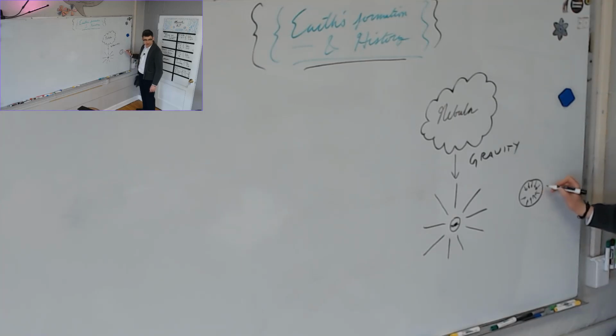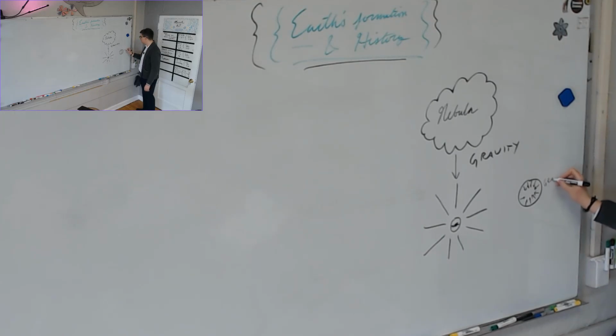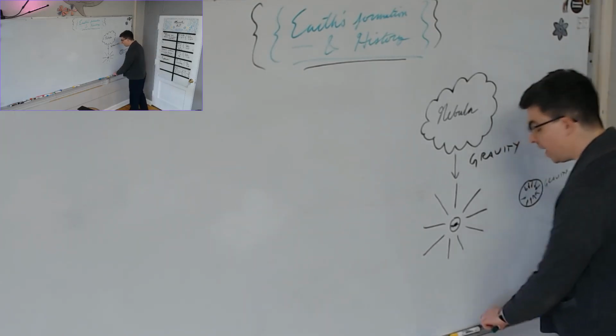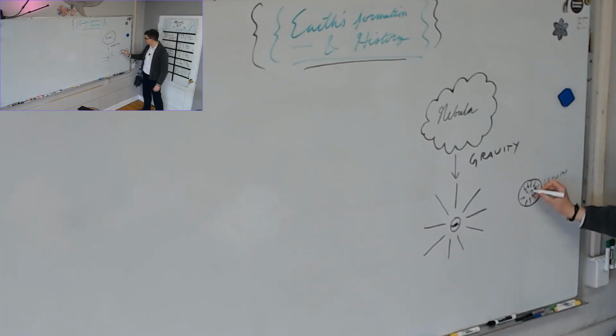What's pulling it in all the time? Say it. No, you already know what it is. What's pulling all of the particles of the star together? Gravity. It's under constant attempted gravitational collapse. But it's held out by a balancing force of what? What is pushing an outside force from the inside out.